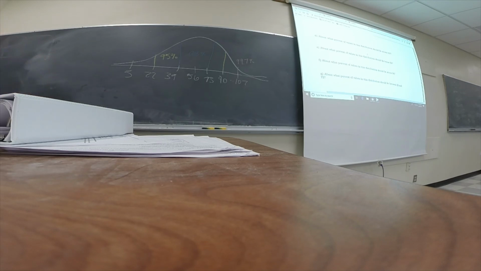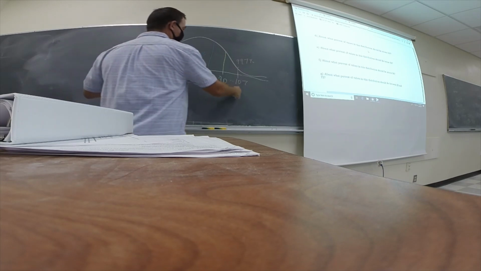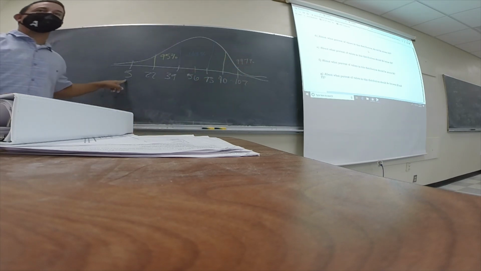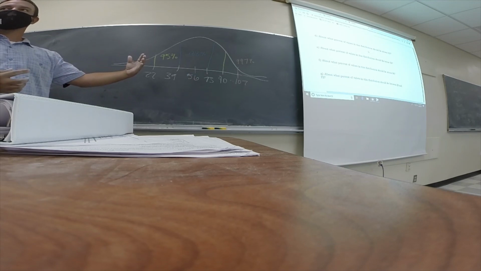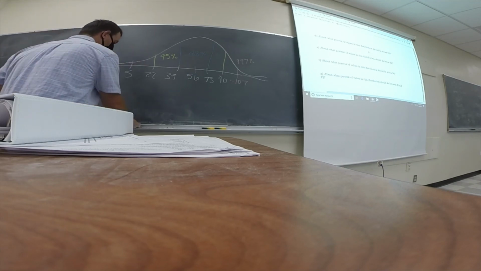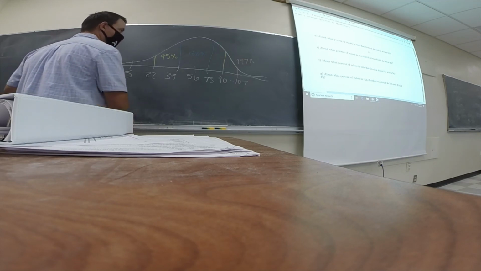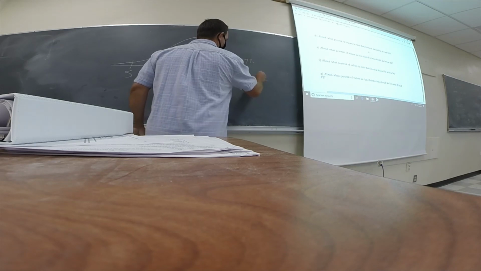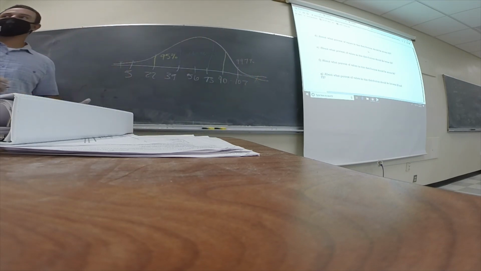So what we got here, it says what percent of values in this distribution should lie above 107? Okay. So between 5 and 107 is 99.7% of my values, which means I have what left? 0.3%, right? That 0.3% is split between here and here, though, right?